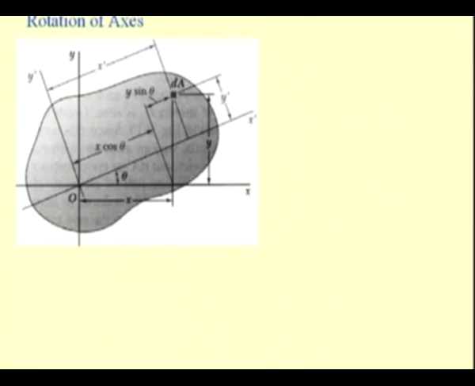Same way we can determine the second moment with respect to the axis OY, and also we can determine the product of inertia for this area for the OYX frame.